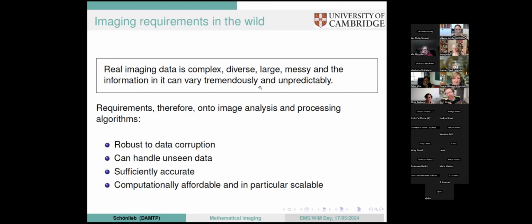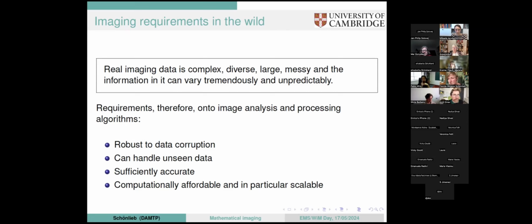And the other thing that we really need to keep in mind, which is I think why it is important that mathematicians work on this, is that often what we are measuring with our imaging device is used to look at things that we otherwise cannot look at, either in medical imaging, because we don't want to cut someone open to be sure whether they have cancer or not, but want to use imaging first as a first indicator, or because, like the examples I've shown you with material sciences or molecular dynamics, things are so small that we can't see them with the naked eye.